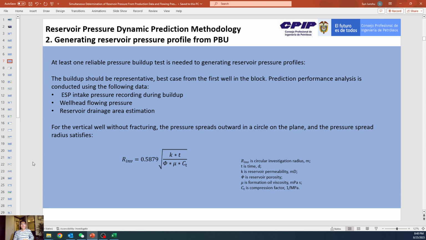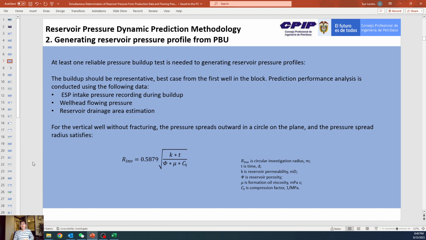R_inv equals 0.5879 times the square root of permeability times time, divided by porosity times viscosity times compressibility.